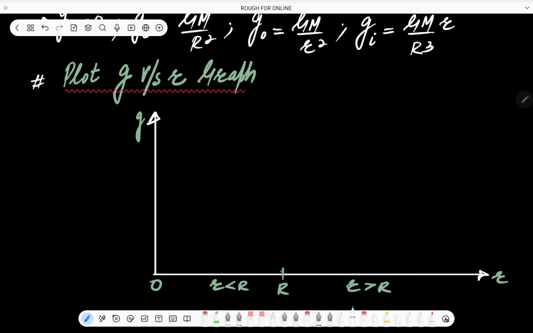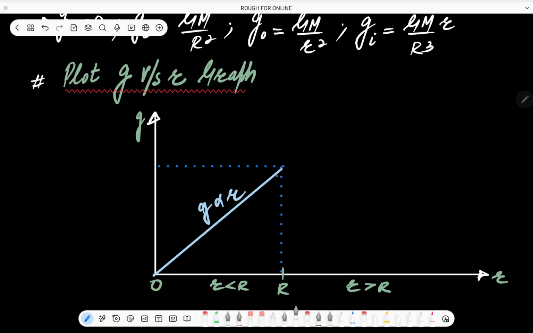Okay, so tell me one thing. What is the value of acceleration due to gravity at the center? That is 0. As you move from center to surface, the value of acceleration due to gravity increases. So this is the graph, which implies g is directly proportional to r. It is maximum on the surface of earth.